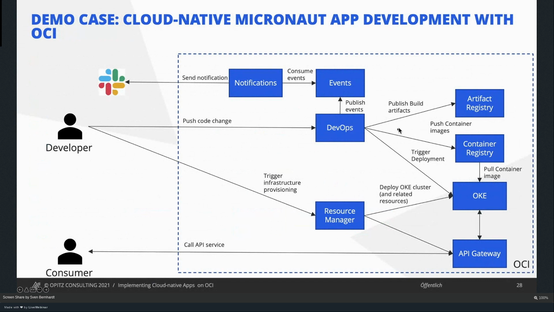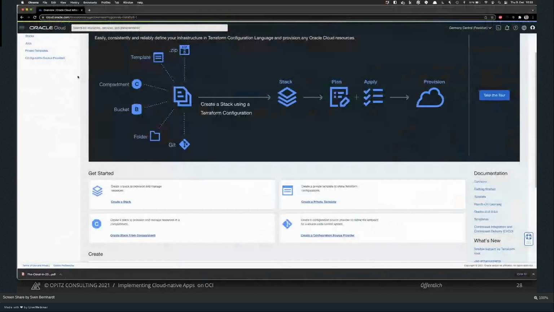From the DevOps service, I publish my build artifacts to the artifact registry, I publish to the container registry and deploy to OKE, and then expose my OKE service using the API gateway, and then consumers are able to call the provided API.